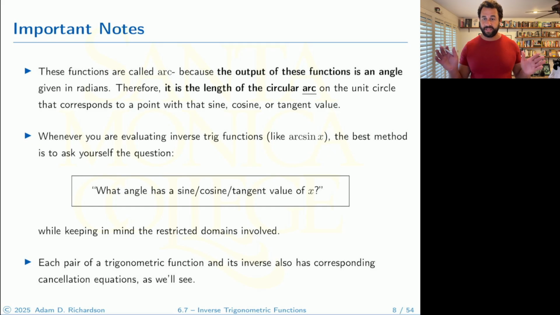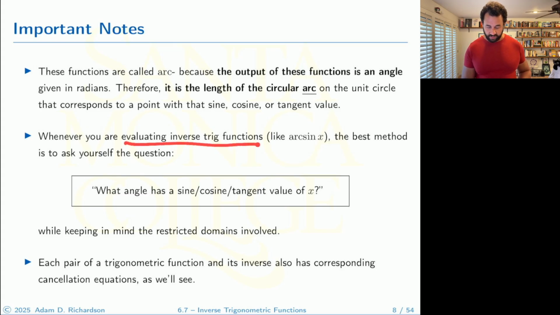Now, here is the big idea. Inverse trig functions can seem confusing at first. You might even get a little bit mixed up as we're going along, but there's basically one phrase that I always use to help guide me when I'm doing these problems. And I recommend you use it too, because it makes things very easy to evaluate.